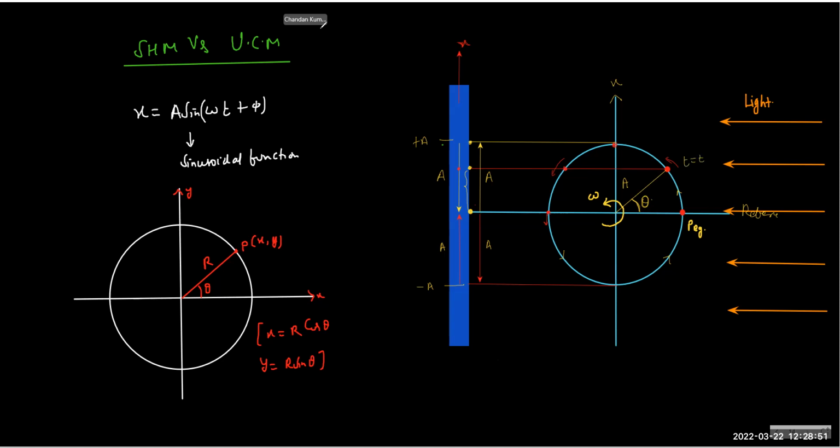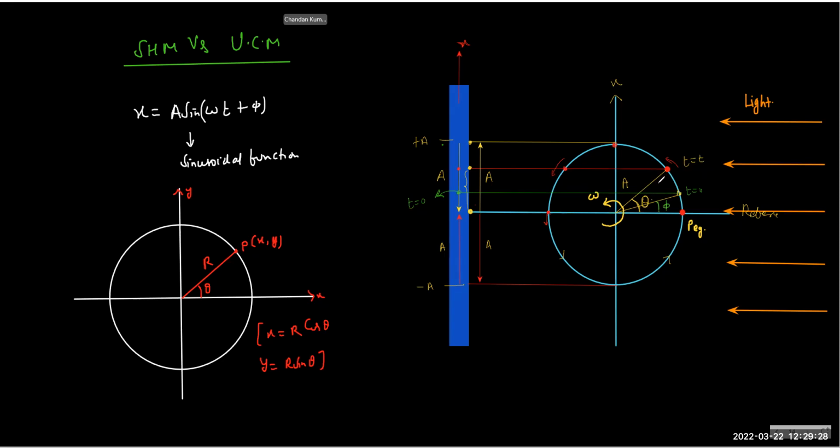It is quite possible that at t equals 0 you may be here. If I assume that you are here, which means on the axis you are here at t equals 0, then this angle is called initial phase angle phi. This is called phi.